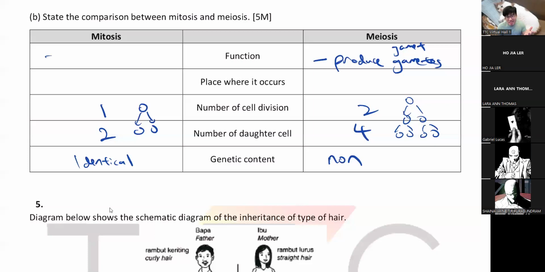For guys, you start producing sperm when you are 13. I don't know, when did you hit your puberty? 13, right? Let's just say you live until you are 80. From 13 years old to 80 years old, you produce 10 million sperms every day. 10 million, that's a lot of sperm.